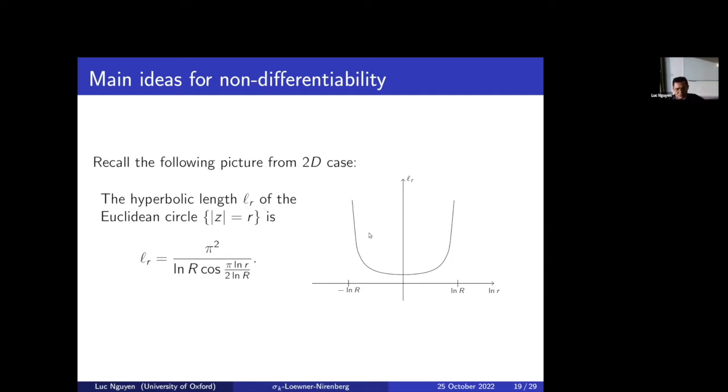We see that the length of that circle blows up at the boundary of the domain, and then in the middle there's a point where the length is minimal, and by symmetry, at radius r equal to 1, we have a geodesic. So the hyperbolic metric on the annulus opens up to infinity at the ends, and in the middle we have a geodesic. The proof in high dimension is somewhat built on this intuition.